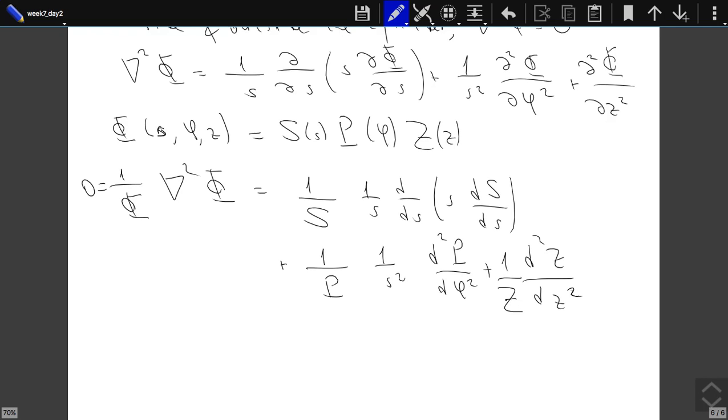So this is our equation. This should be equal to 0.